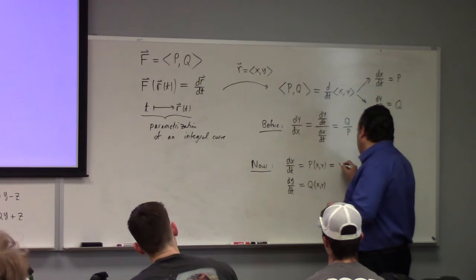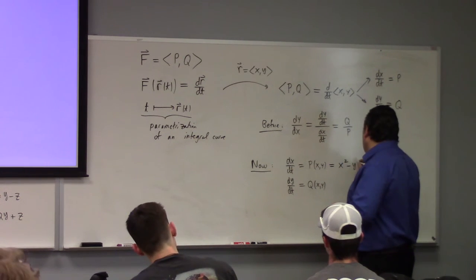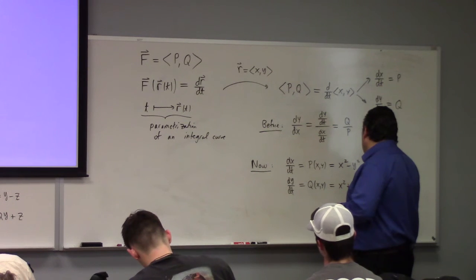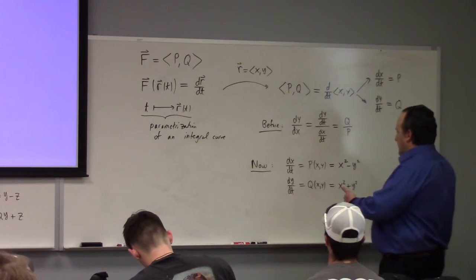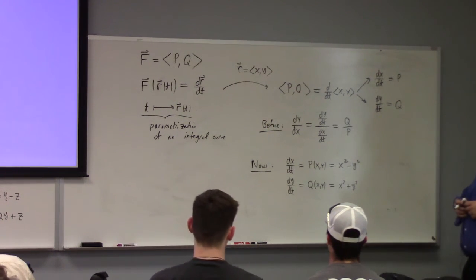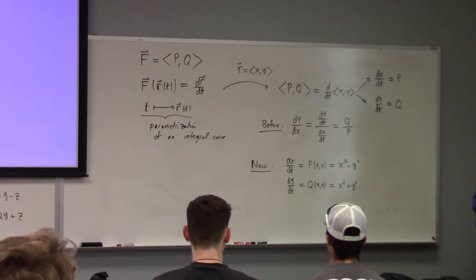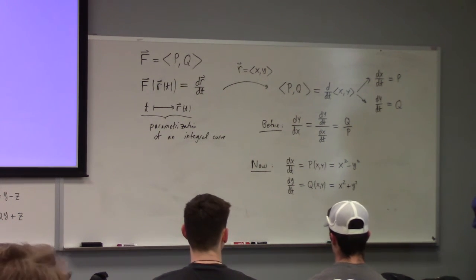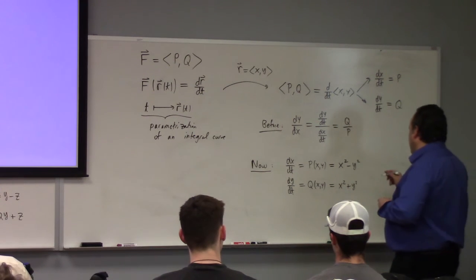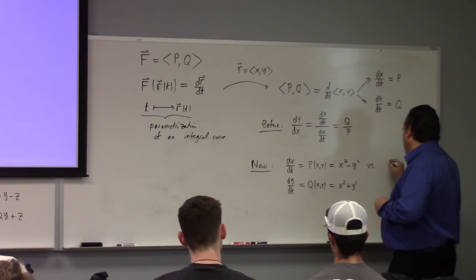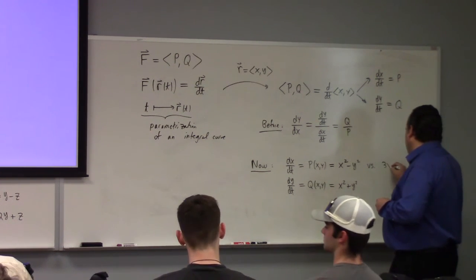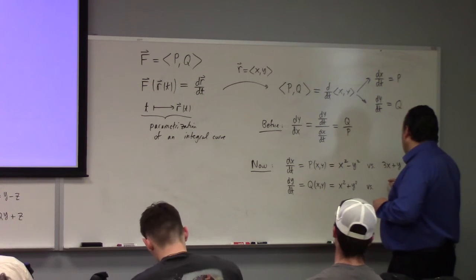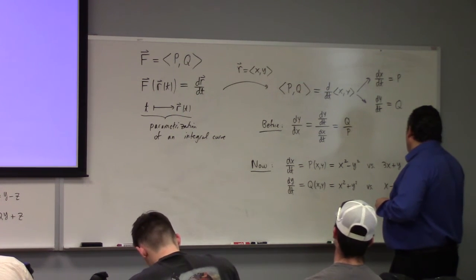If this is equal to, say, x squared minus y squared, and this is equal to x squared plus y squared, have we talked about how to solve these? Versus, let's say, 3x plus y, and x minus 2y.